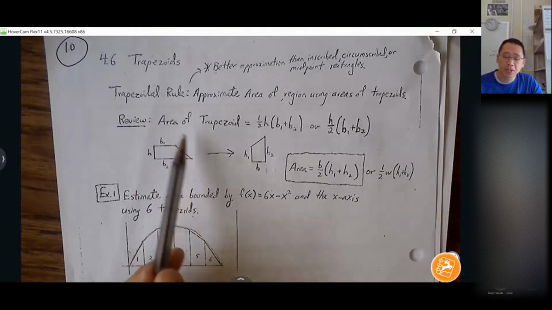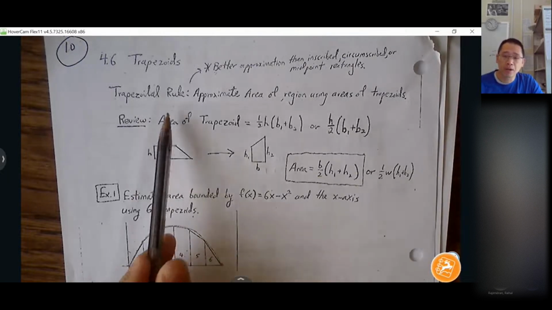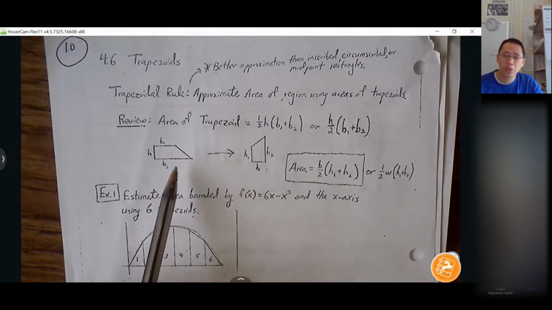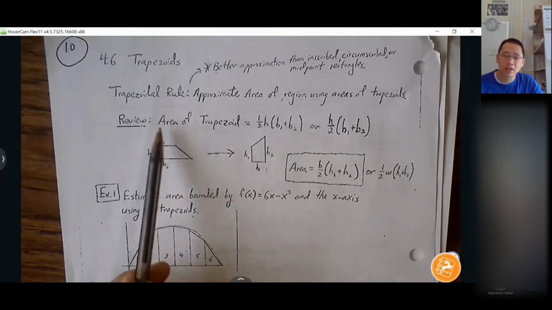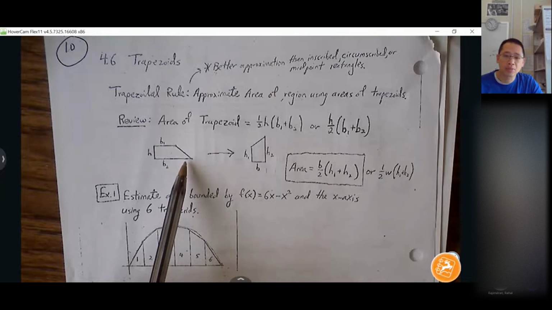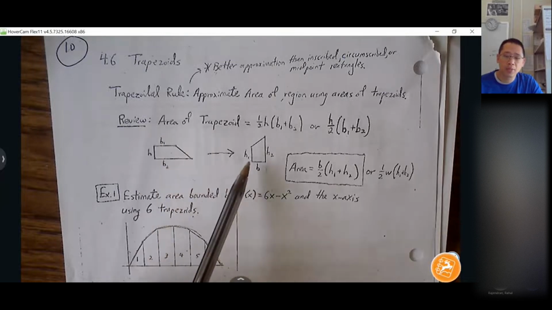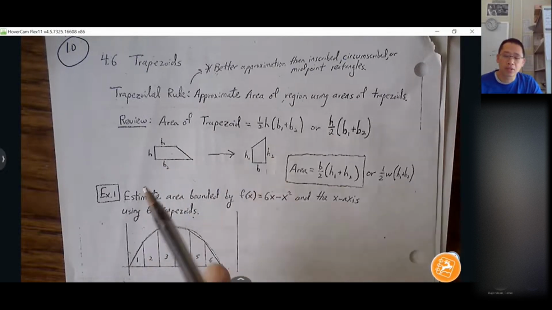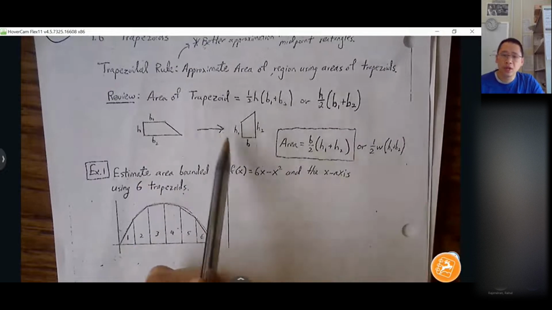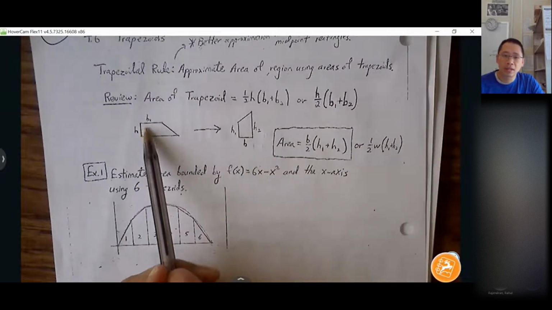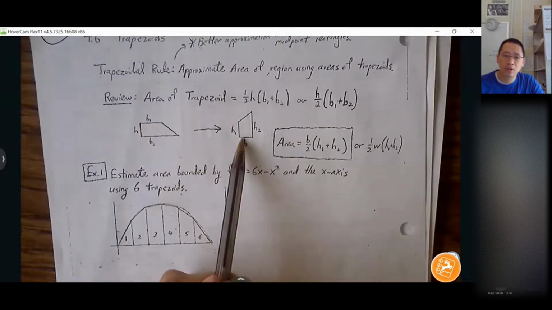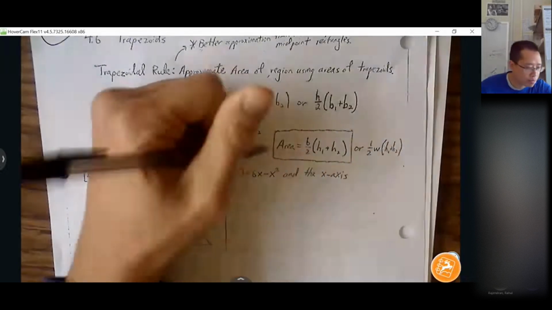Now, this is not the orientation that we're going to be using. We're actually going to be flipping it on its side. So if you imagine pushing this up to its side to make it look like this. Because we have a different orientation, instead of calling this height h, we're going to call it base or the width.